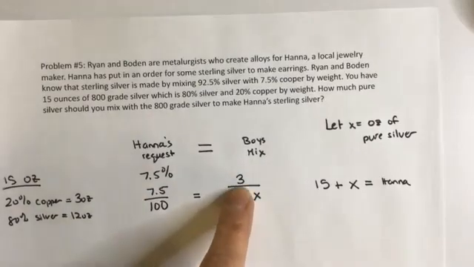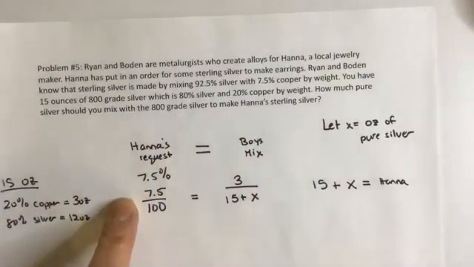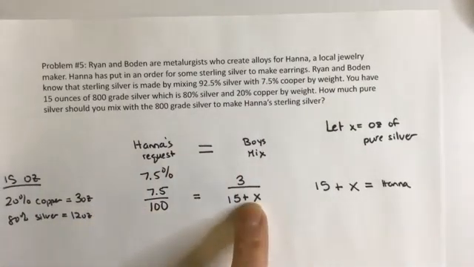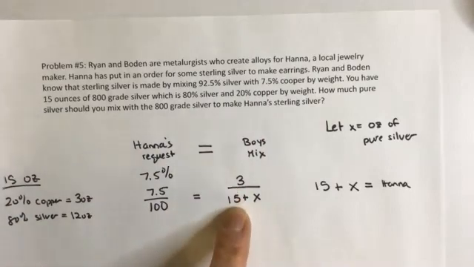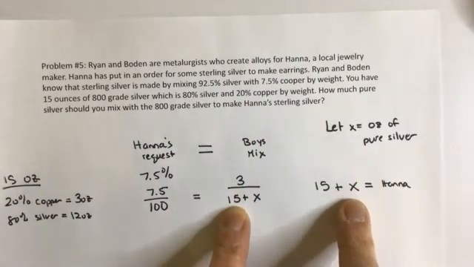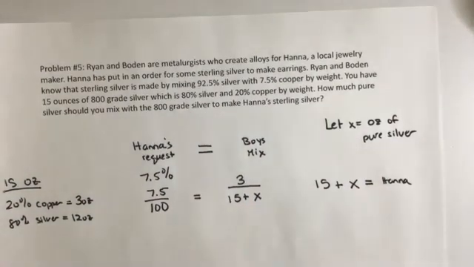The only way to knock this down from 20% copper to 7.5 is to make the denominator, the amount of mix, bigger. So the 3 ounces of copper the boys have divided by what's going to be the new amount of total mix after they add all of their pure silver to it. And so now you have your equation and you can solve from there.